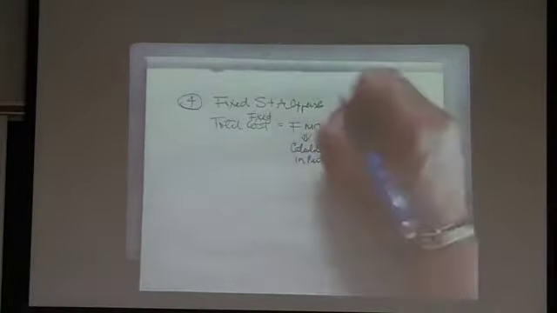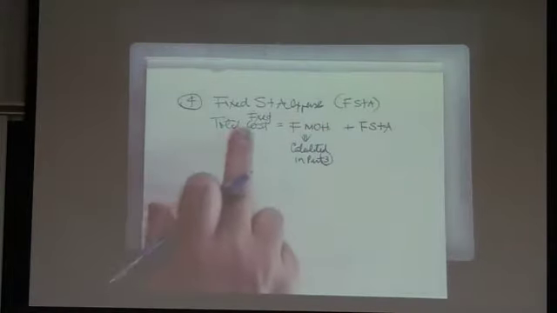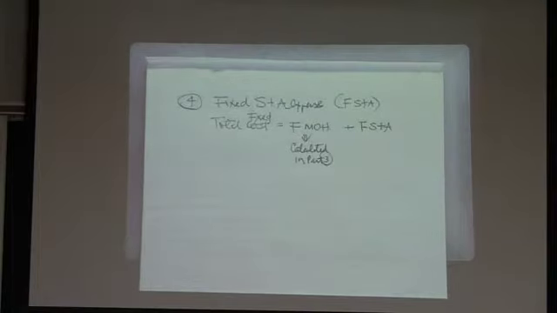So that's what this is, fixed S&A. Now, how do we utilize the information that's given to us?